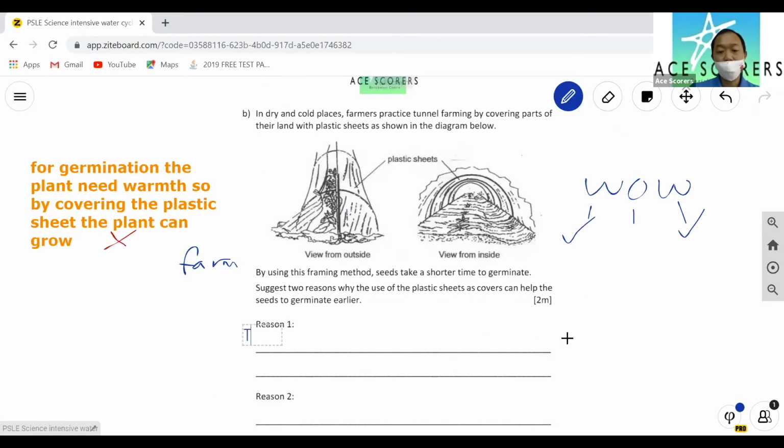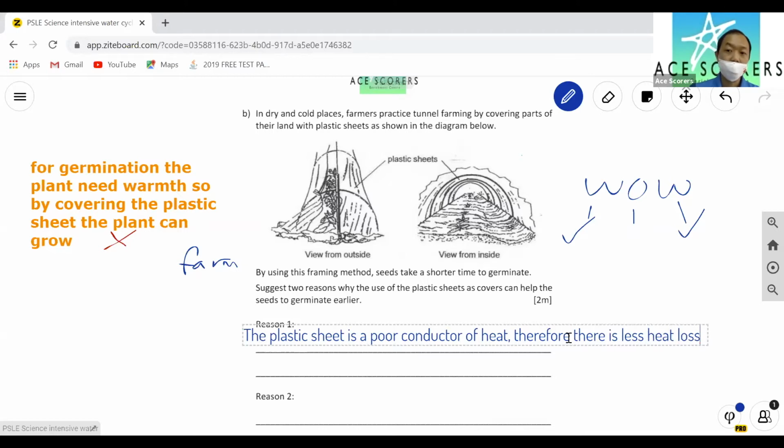Okay, so the plastic sheet is a poor conductor of heat, therefore there is less heat loss in the tunnel.